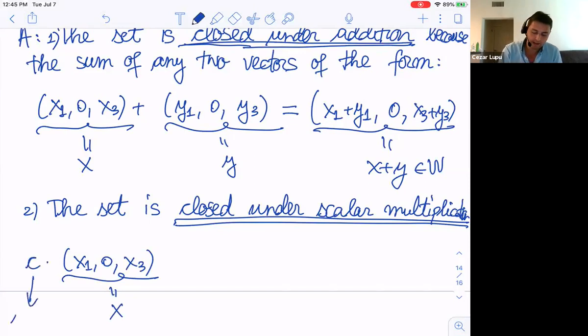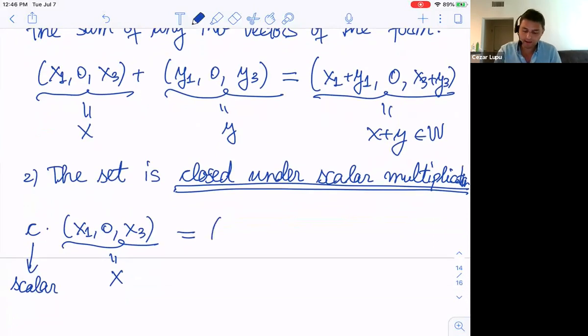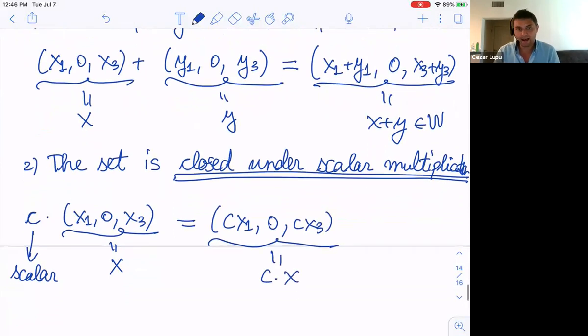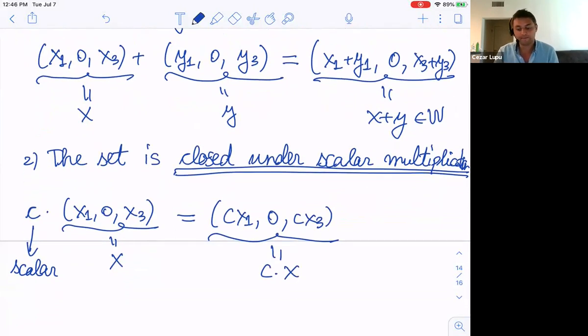By the usual properties of scalar multiplication, this will be c times x1, c times 0, which will be 0, and c times x3. Guess what? This is nothing else than c times x. And this vector that we obtain by operating this scalar multiplication belongs to W.